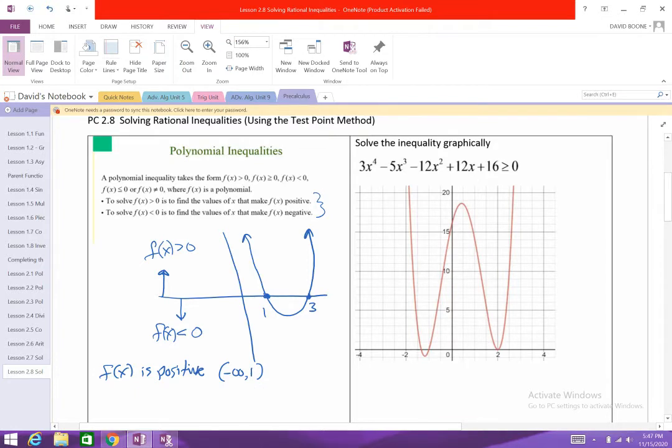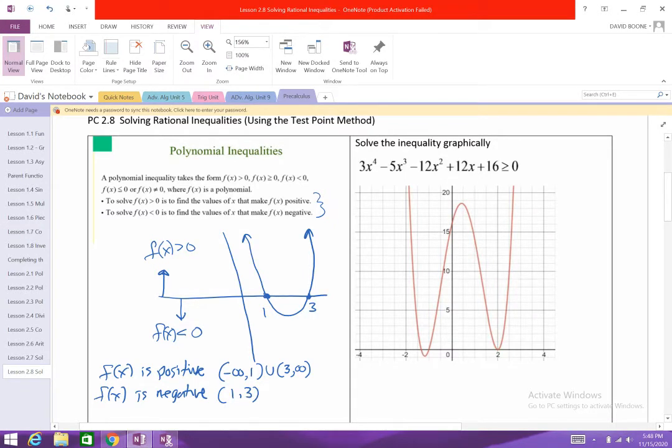It doesn't become positive again until after 3, so I unite that with 3 all the way to positive infinity. Again, we use parentheses here because at this point, it's not positive. It's equal to 0. So we also know then that f of x is negative down here in this part, so that's between 1 and 3.